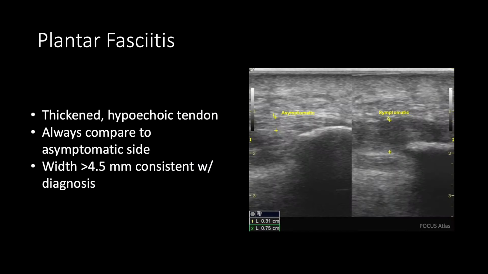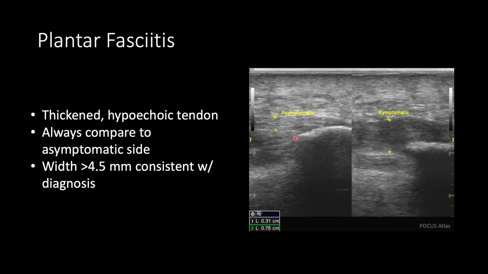Another very common clinical entity that we encounter in our clinic is plantar fasciitis. While once again, you don't need ultrasound to help make that diagnosis, it can support it in cases where the presentation is a little bit less typical. Plantar fasciitis involves the plantar aponeurosis as it attaches to the calcaneus, which is seen here as this hyperechoic line with posterior shadowing.